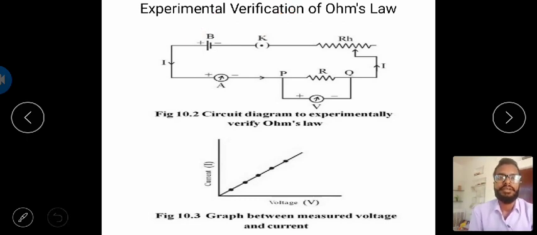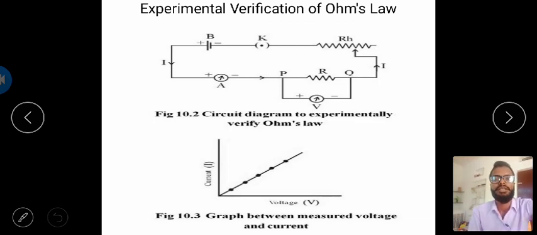Let we have a circuit in which a battery B, a switch K, a rheostat RH, and a resistance R are connected.